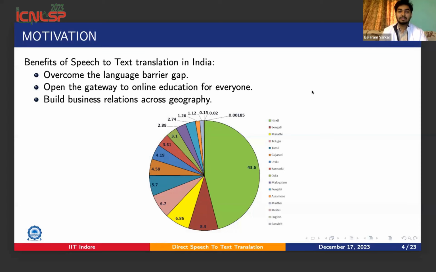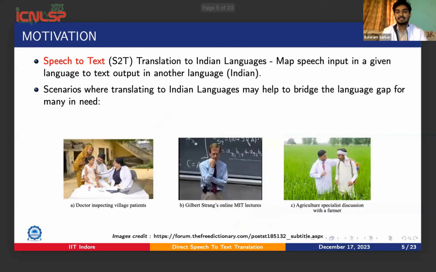So there is a huge language barrier gap between two different states or geographies. The motivation behind our project involves this, as speech-to-text, as even normal translation, can be used in many various fields for overcoming the language barrier gap.